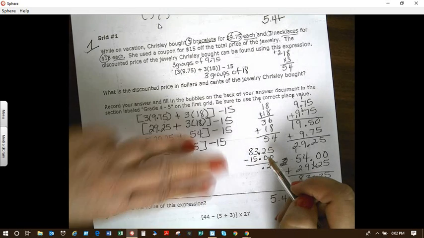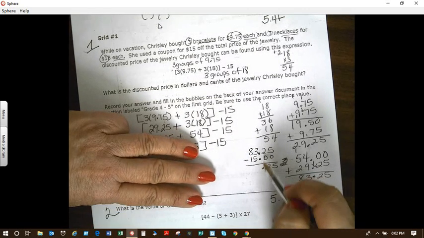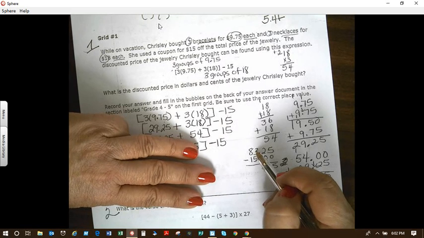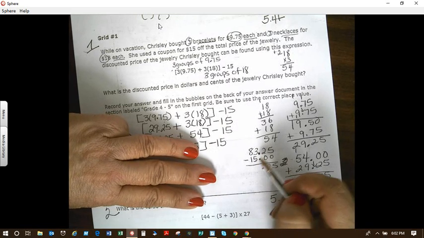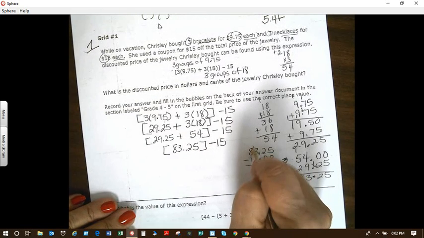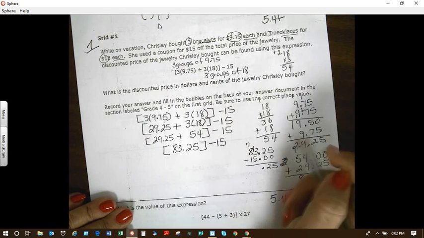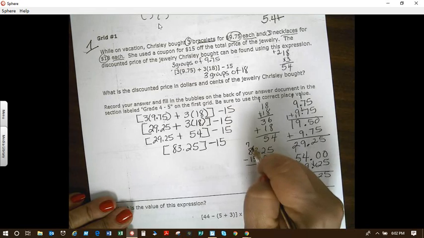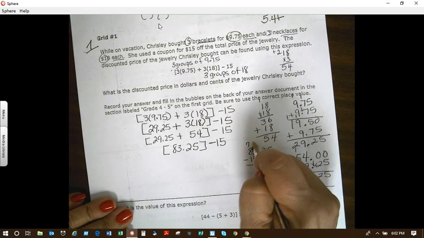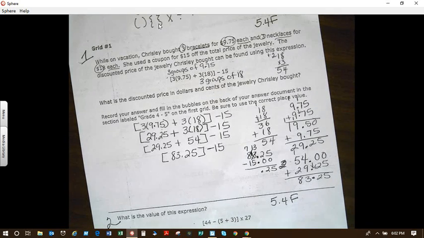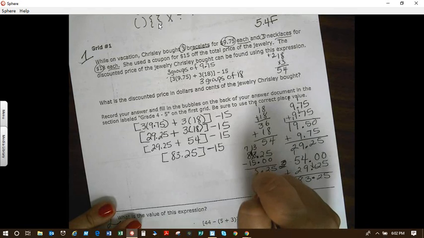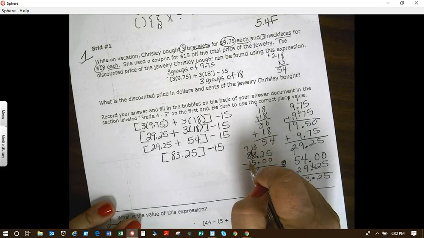I need you to get in the habit of putting in the number that's up there, so it's 3. Can you take 5 out of that? Nope, so you need to regroup it. I'm taking 8, that becomes 7, and bringing my 10 over to the ones. So you can cross that out and put 13 above that. So I have 13 minus 5 is 8. 7 minus 1 is 6.